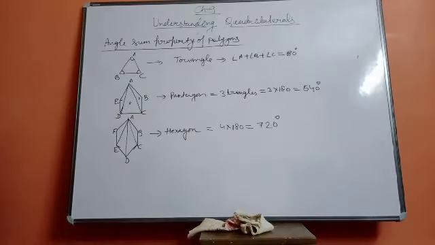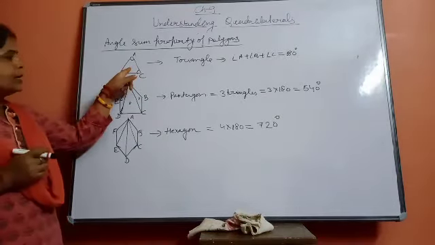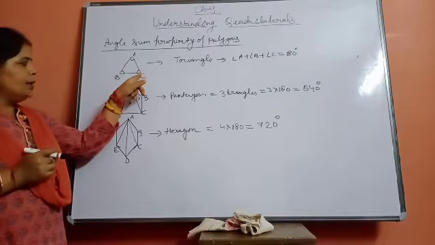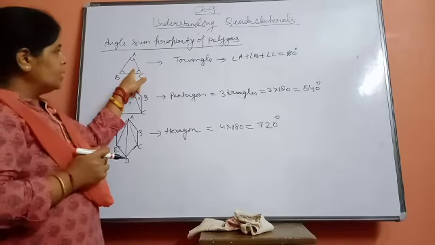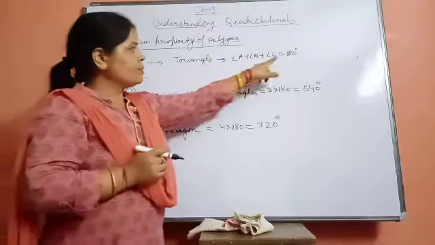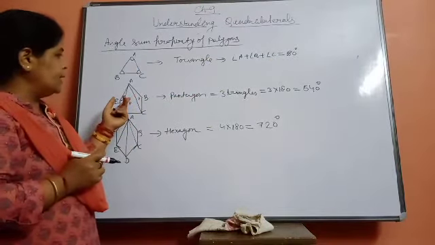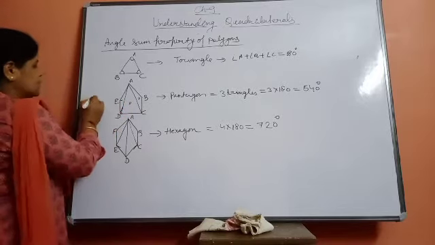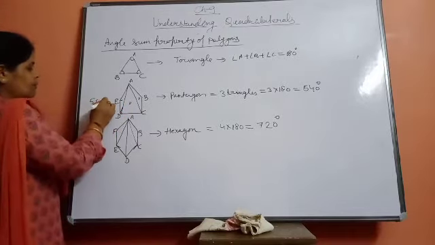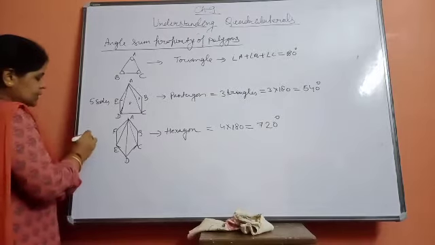Now see that, beta. When there was a triangle, what was the sum? 180. When we divided the pentagon, pentagon means how many sides? 5 sides. Hexagon means 6 sides.